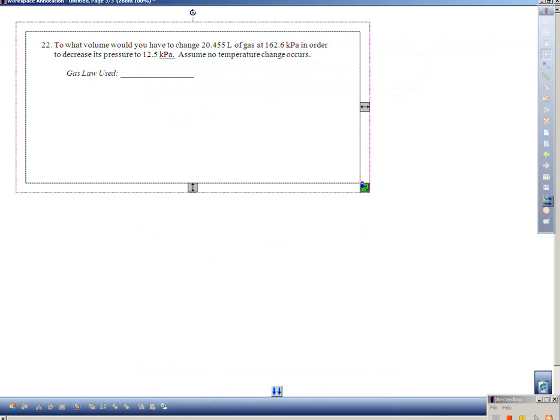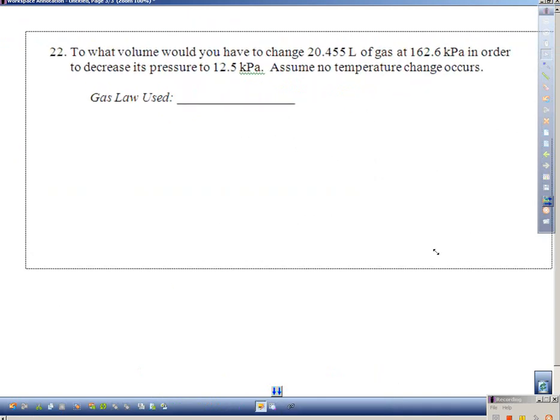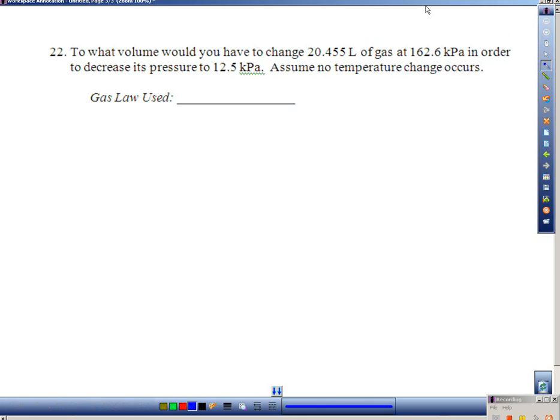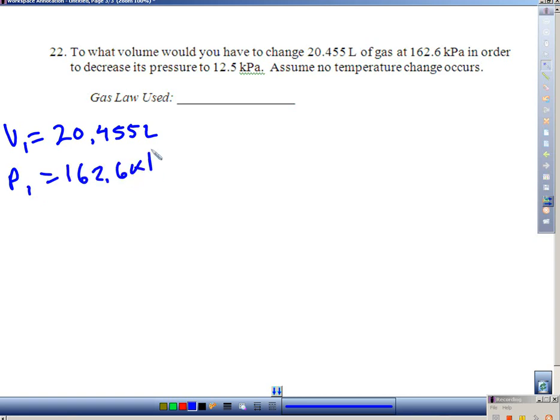Alright, so to what volume would you have to change 20.455 liters of gas at 162.6 kPa? So what we got going on here, V1 equals 20.455 liters. My P1 equals 162.6 kPa. V2 equals question mark. P2 equals 12.5 kPa.